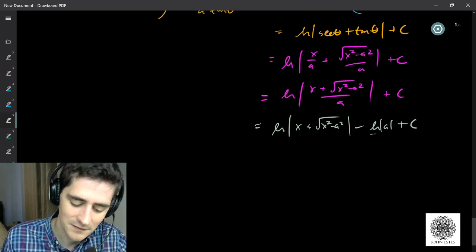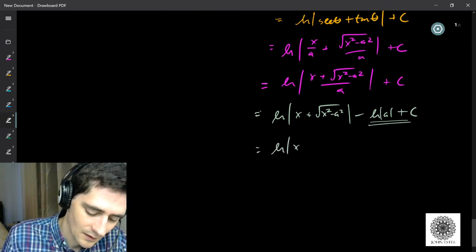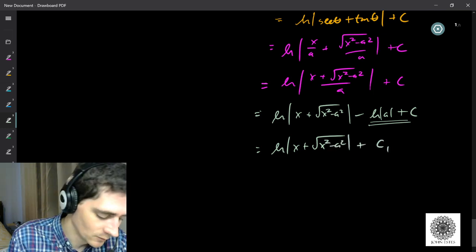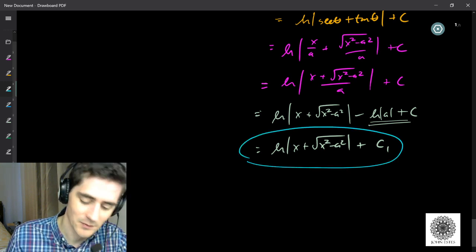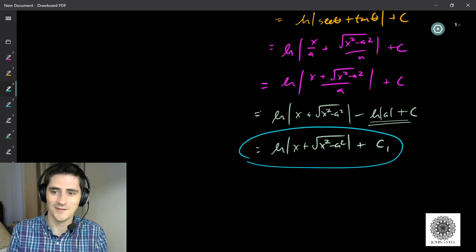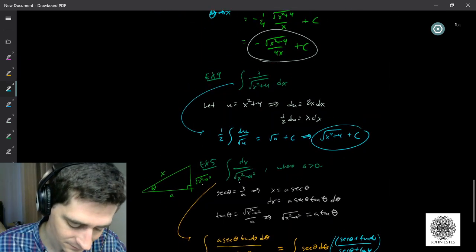So I can bring all this together and just finally end up with ln of x plus the square root of x squared minus a squared, plus another constant. We can call it c1 if you want. A lot of times we just write plus c. It just absorbs it, because a constant plus a constant is still a constant, right? Okay, good. I hope that makes sense.